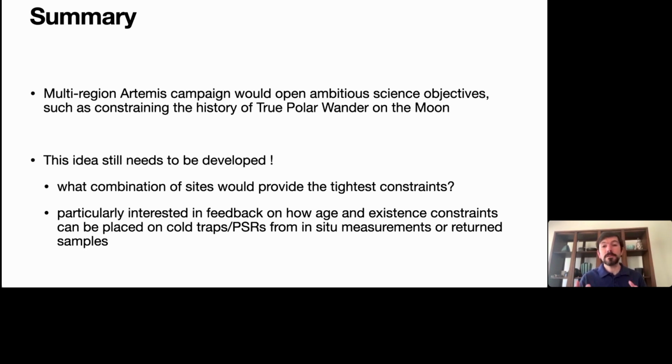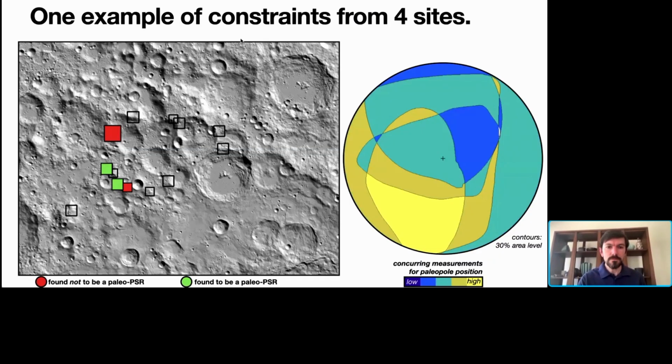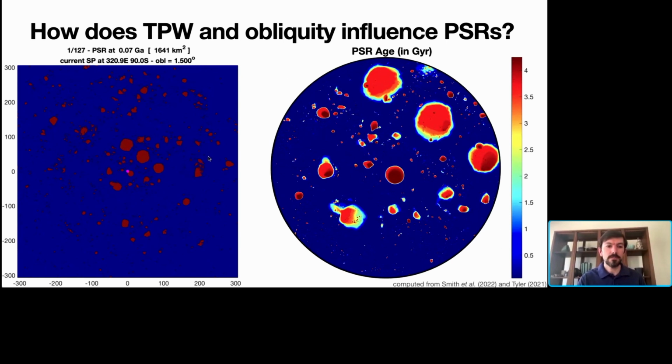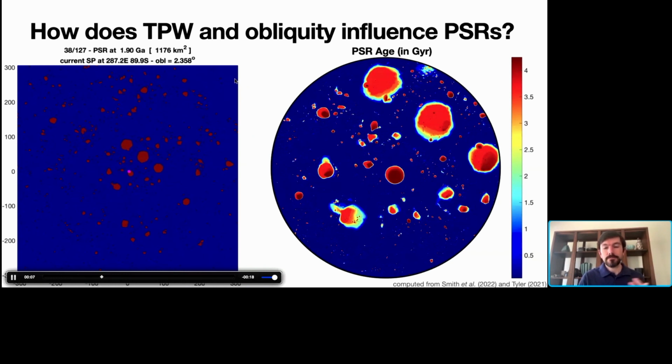Yeah, so it depends a bit on how far back you go. Maybe I should go back to this movie I was playing. I forgot to mention here on the left, this movie also takes into account obliquity changes. And so you can see that the deeper PSRs, the deeper craters, Shackleton is one of the longest lived. If you go past 3 billion years, a lot of them shrink pretty rapidly. And again, that's with one specific model of true polar wander and one model of obliquity change.